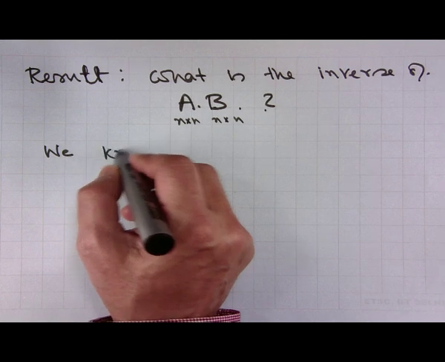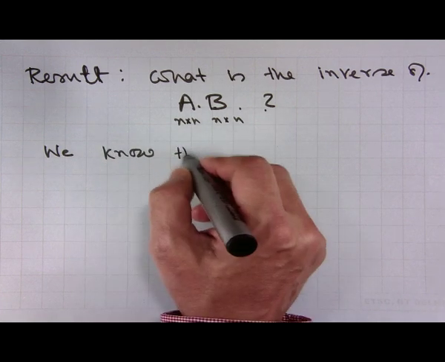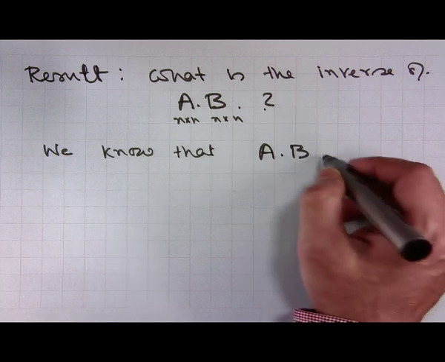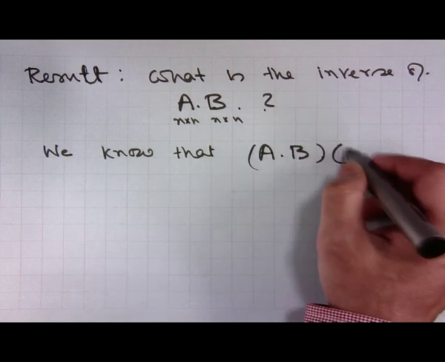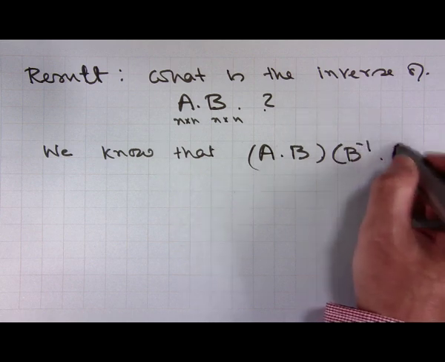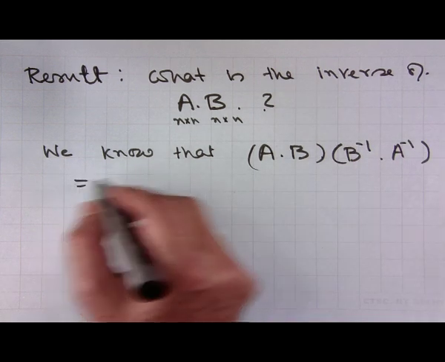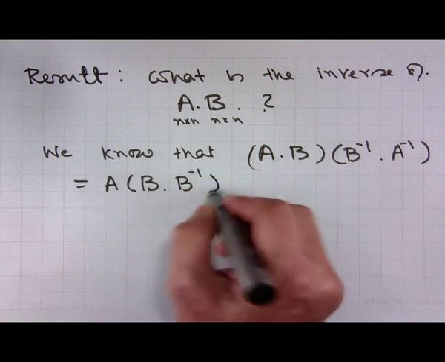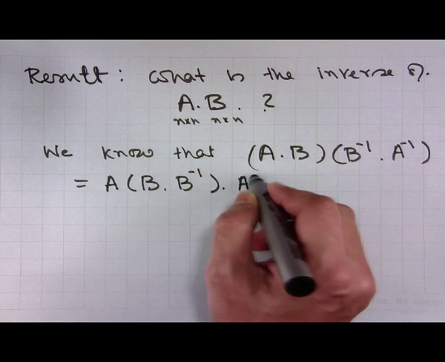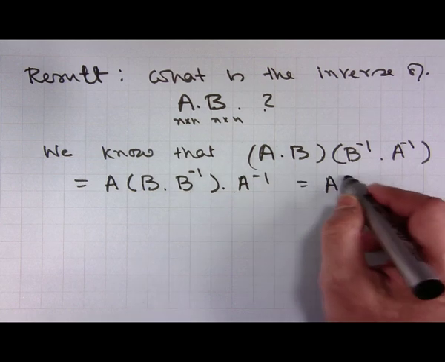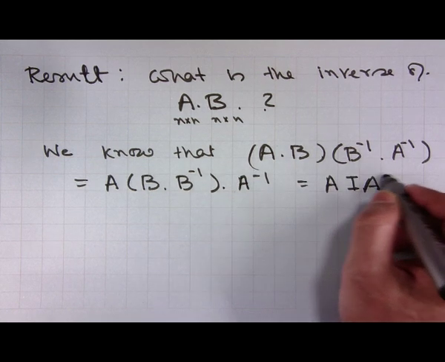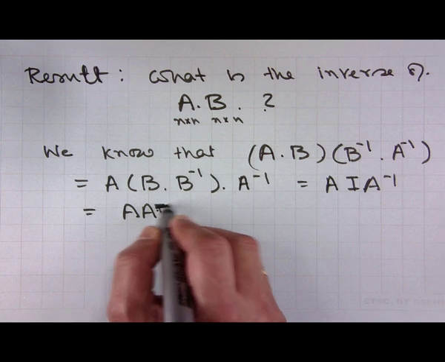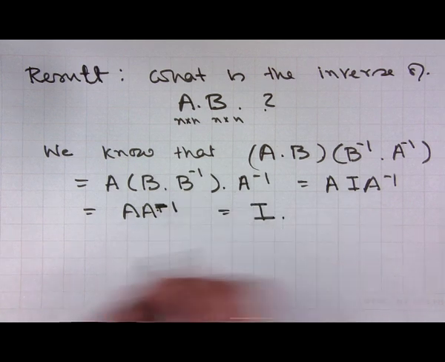We know that AB multiplied by B inverse A inverse is equal to A B B inverse A inverse, which is equal to A I A inverse, which is equal to A A inverse, which is equal to identity.